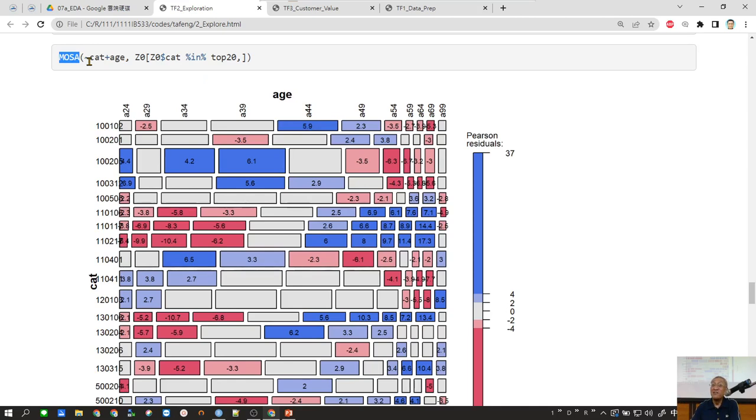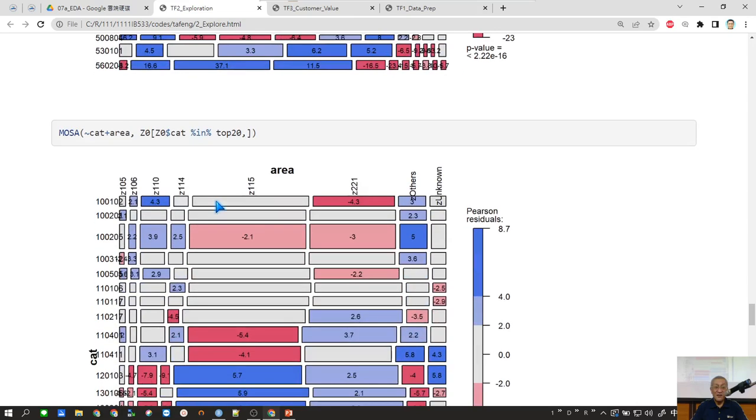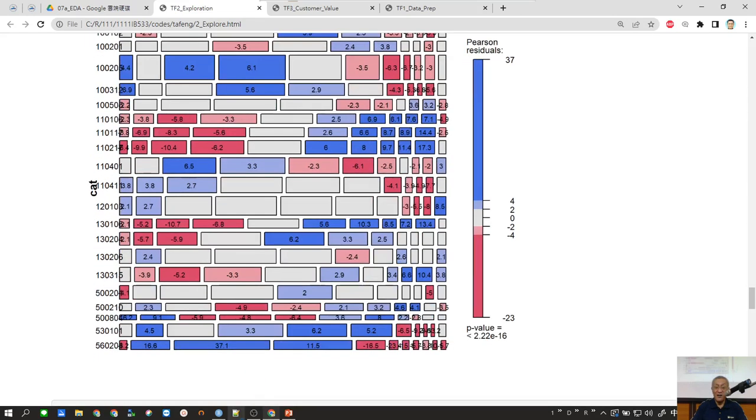See that? Okay. The joint distribution can help us to find the difference across different group, right? This mosaic plot actually shows us that, for every different category, the age group distribution, right? Okay.